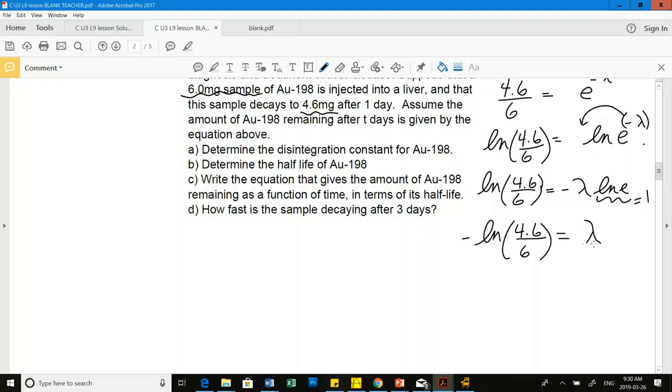We can calculate that, but it might be useful for us to leave it in this format just so that we have it as an exact value. But just for our purposes right now, we can calculate lambda, but when I plug this in for part B, I'm going to use this. But let's just calculate this just to see what it is.